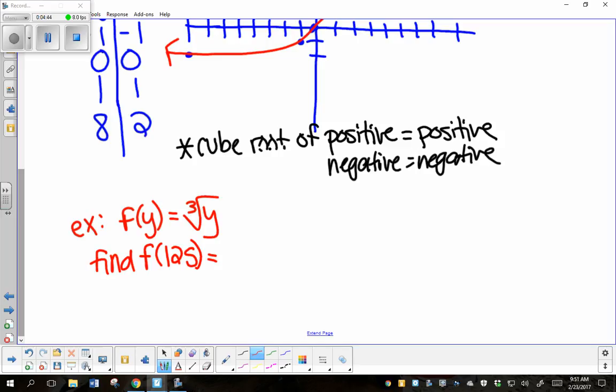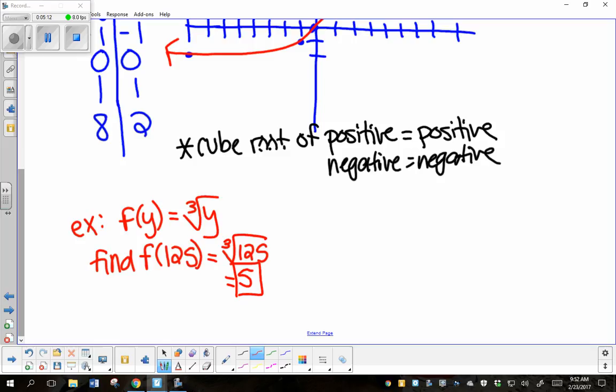That means we're just plugging in 125 where we see the y. So that means we're doing the cube root of 125. What times itself 3 times is 125, Liv? 5. 5 times 5 is 25, times another 5 is 125.